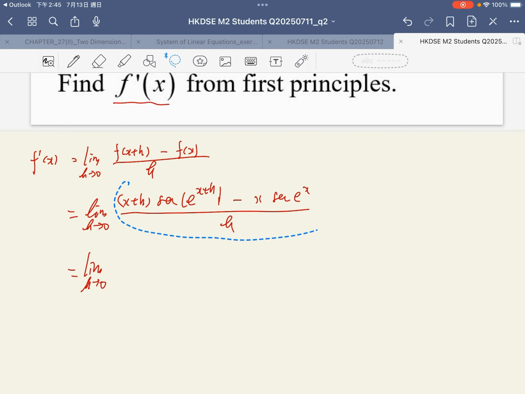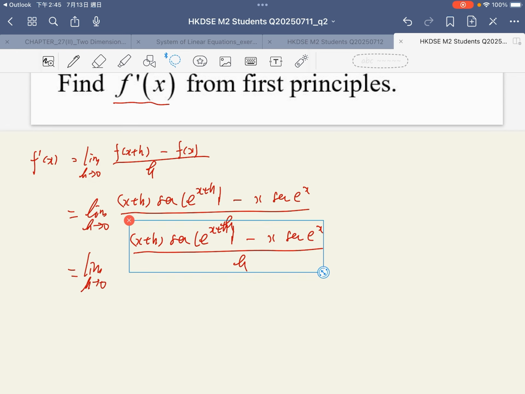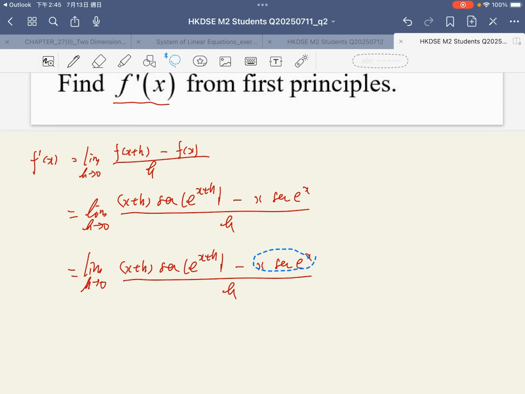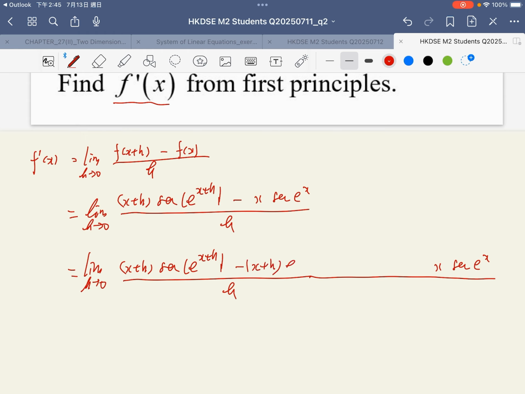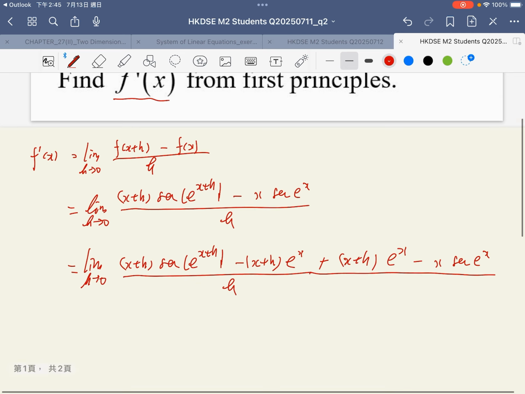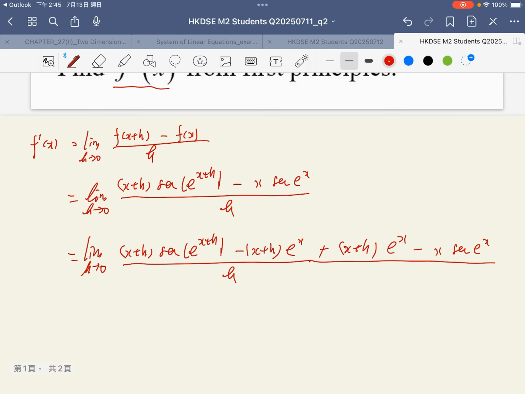Let me do it for you. Move this to the most right hand side and insert a term which is (x+h) times secant e^x, and then minus (x+h) times secant e^x.